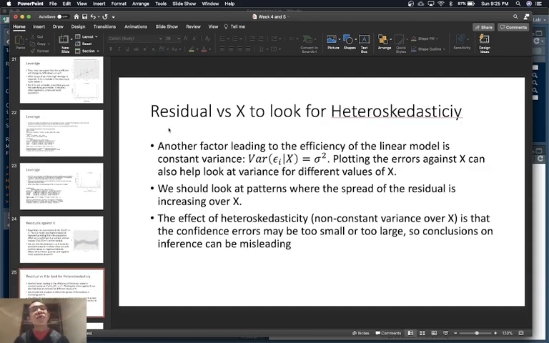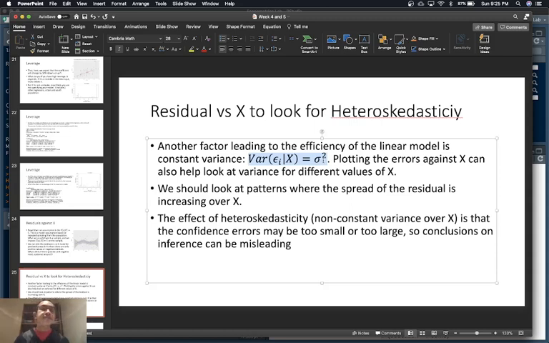You can also look at the residual versus X plot to look for heteroscedasticity. Another factor leading to the efficiency of the linear model is constant variance, which is one of the assumptions of BLUE.